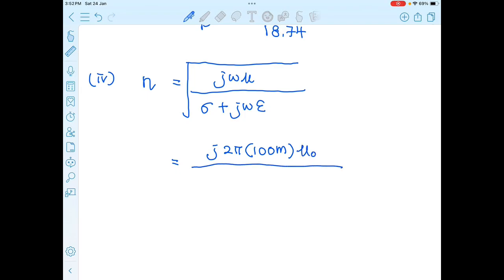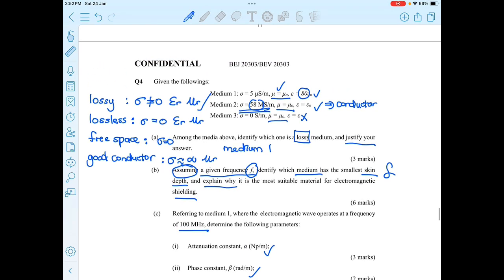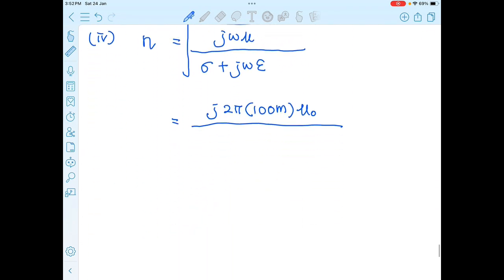Sigma, what's the sigma value? The sigma value is 5 micro, plus j omega, so 100 mega, and 80 epsilon naught.